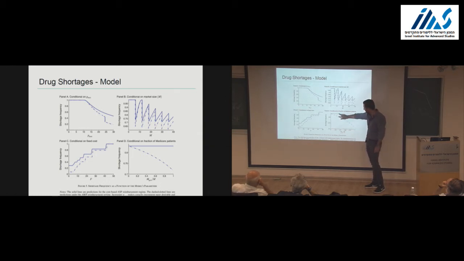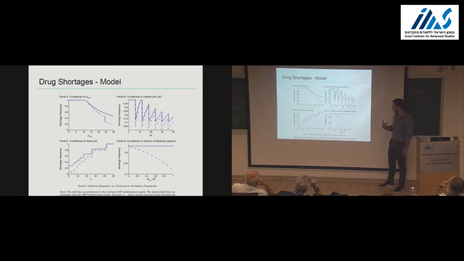You see the divergence of the two lines. In the ASP, it doesn't matter what fraction are Medicare patients, but it does matter for the AWP. For AWP, the more Medicare patients there are, the fewer shortages you're going to have, because it's attractive to be paid by the government under AWP. And this is going to be the main comparative static.